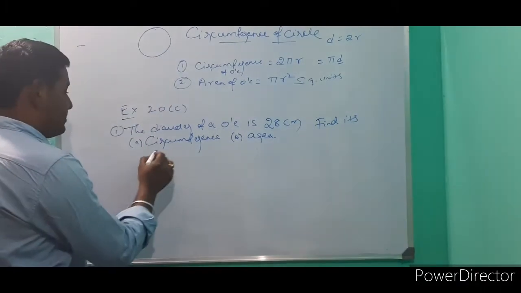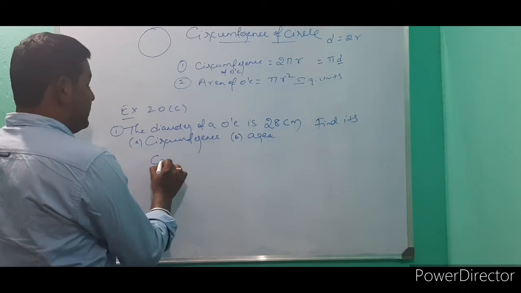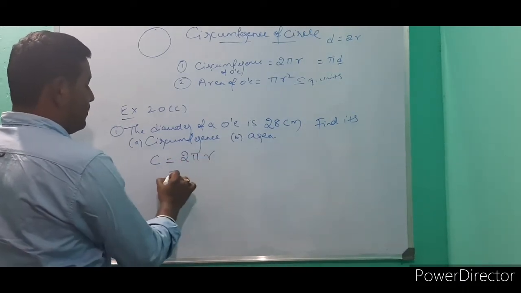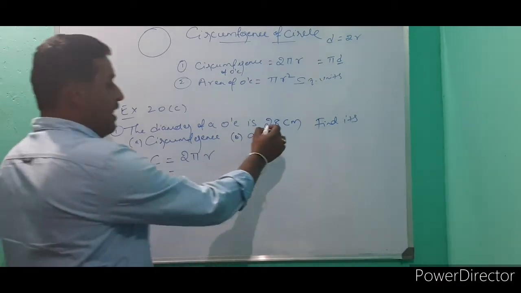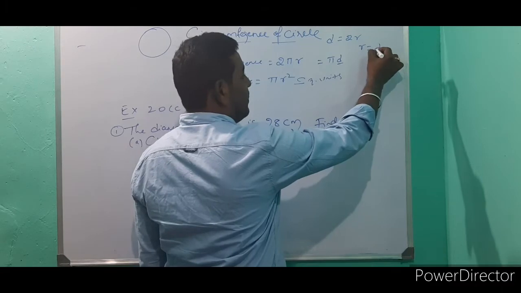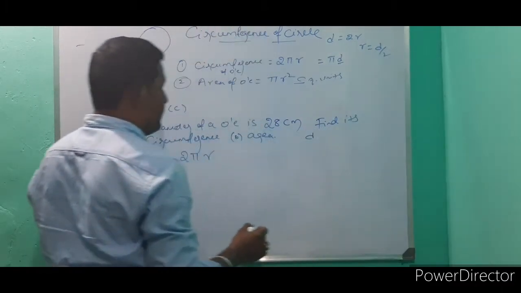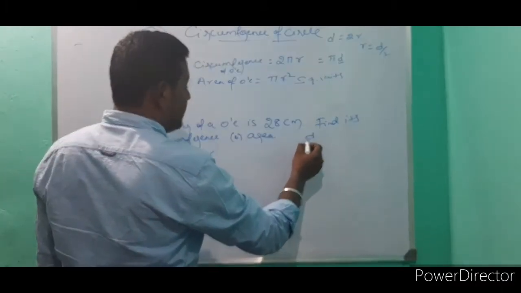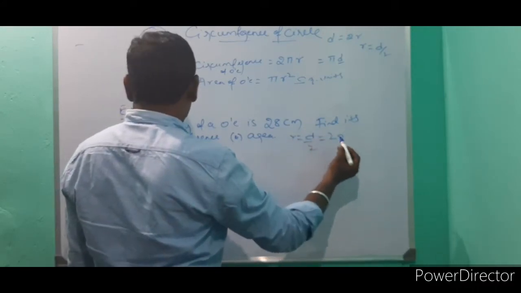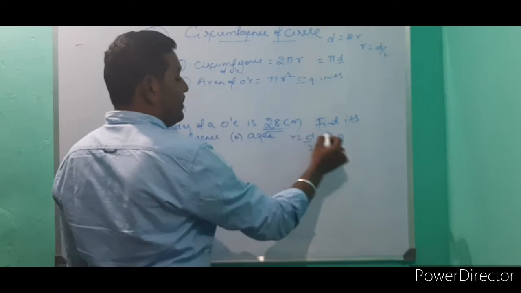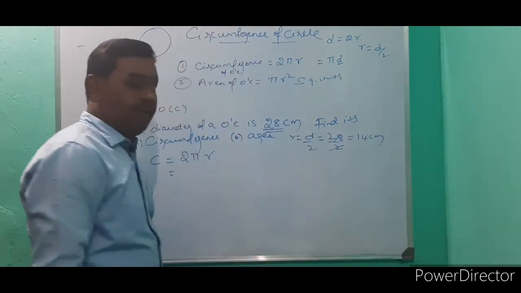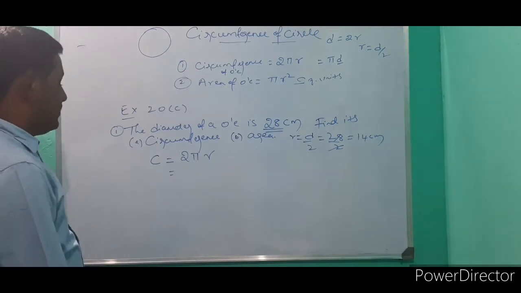What is the circumference formula? C is equal to 2 pi r. They have given the diameter, so radius is equal to half of the diameter. r is equal to d by 2, 28 divided by 2, which is 14 centimeter, the radius of the circle.